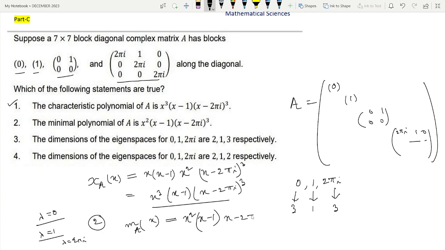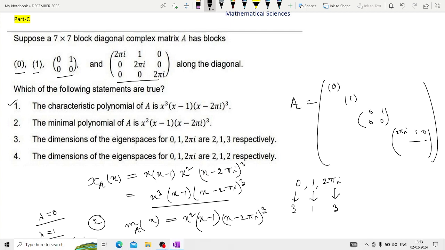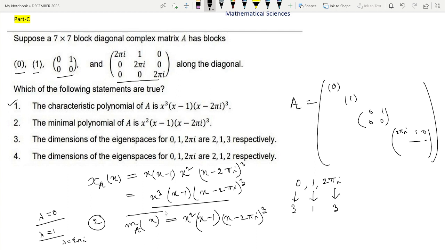So it will be x minus 2 pi i whole to the power 3. To find this, we need to know the result that the size of the largest block corresponding to an eigenvalue is equal to the number of appearances as a root in the minimal polynomial, nothing else. So this is the required minimal polynomial of A. So look at option 2. This is true. We find that this is the minimal polynomial of A. So option 2 is the correct option.